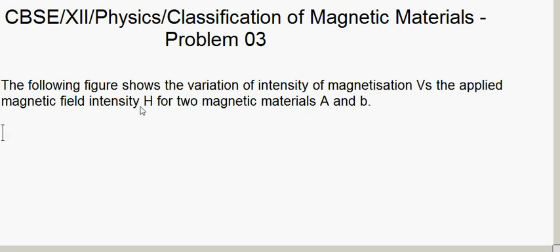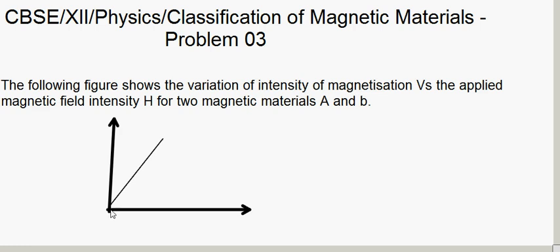And now I will give you the graph. This is the graph. So for two magnetic materials, this has to start from 0. These are the two curves, and let us mark the y-axis and x-axis.